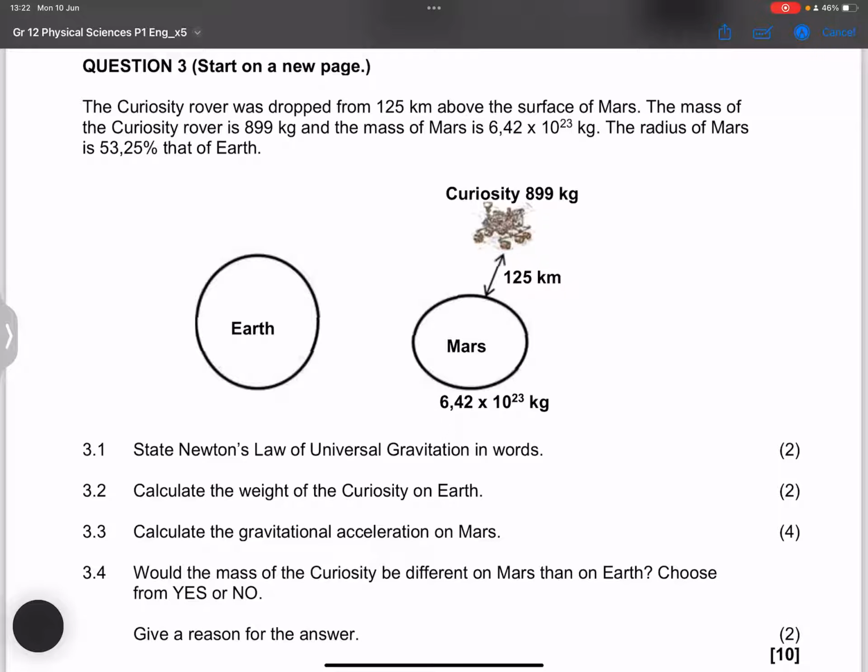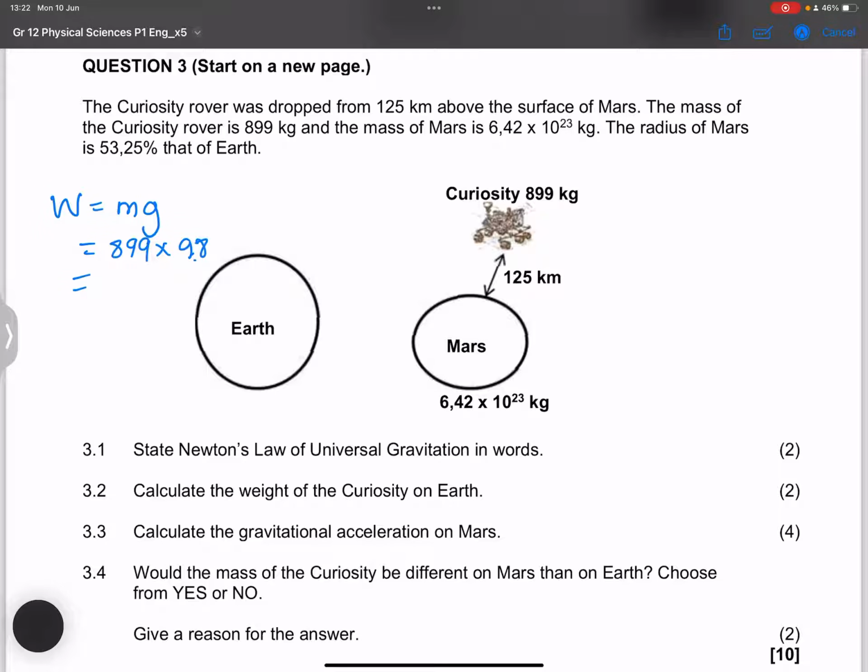They say calculate the weight of Curiosity on Earth. So if we wanted to find out the weight of Curiosity on Earth, all we're going to do is say weight is mass times gravitational acceleration. We know the gravitational acceleration on Earth. So it's simply the mass, which is 899, times gravitational acceleration, which is 9.8.